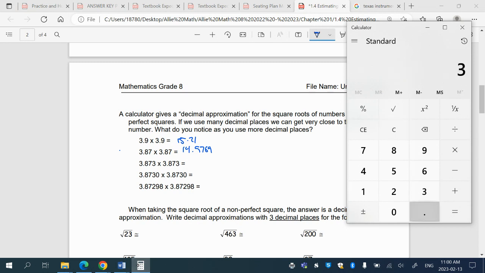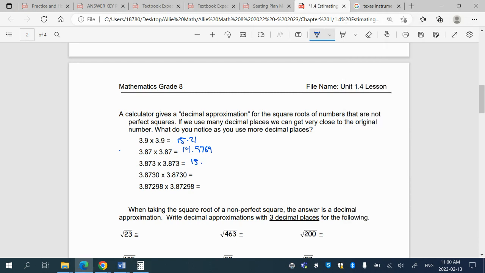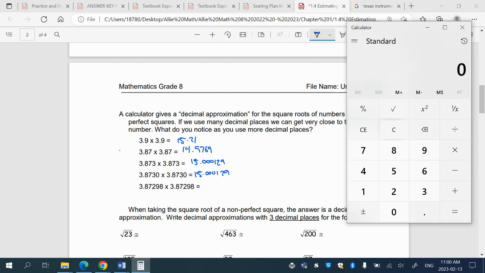Now let's try 3.873 squared. Okay, 15.000129. And then the last one is even more specific, 3.87298 squared. Okay, we're a little bit below now.